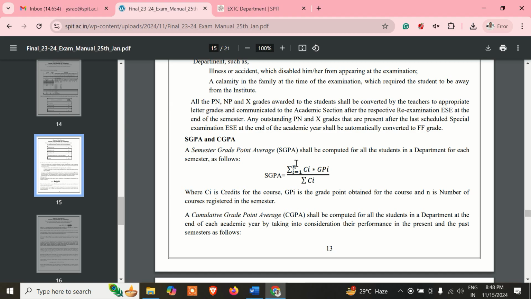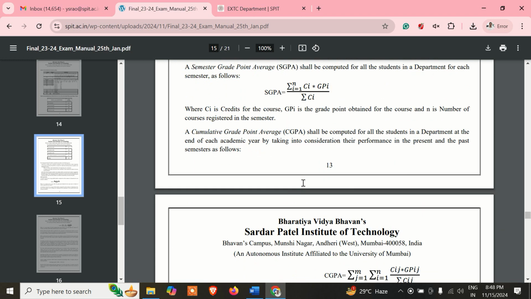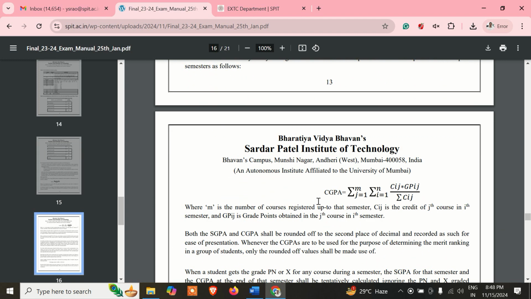It's always based on the credits of the course multiplied by the pointer you have acquired in that course, summed over all the courses you have done for that semester, divided by the sum of the credits. That will give you the SGPA, the semester grade point average.